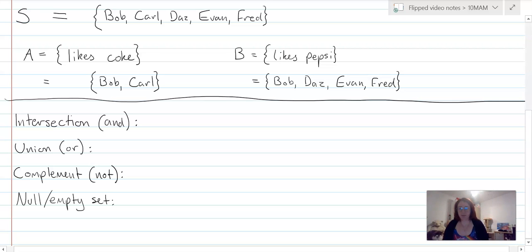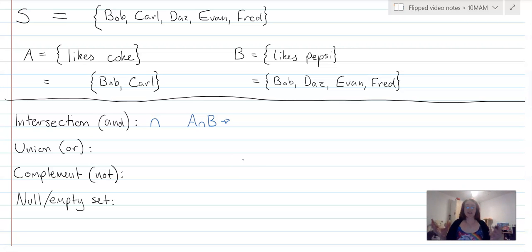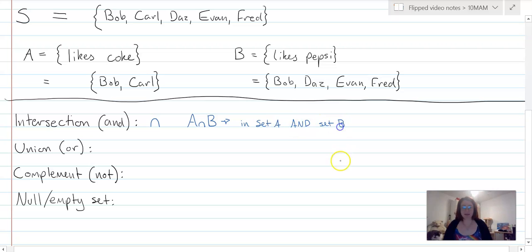Now, an intersection, we represent it with a symbol that looks like a little round N. We can think of an intersection as being an AND. So A intersection B is the things that are in both set A and set B. In this case, the intersection of A and B are the ones that are in both sets.